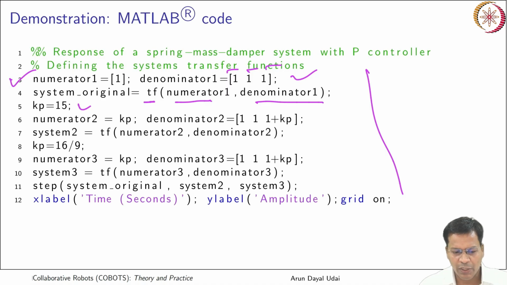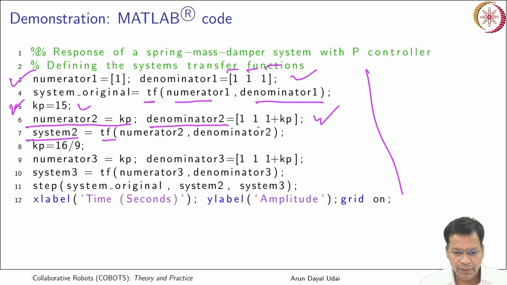So that is your system transfer function. Kp is 15, numerator 2, kp is 15, denominator is this. This is the system I want to create with the controller. So that is 1, 1 and 1 plus kp that comes here. This is your transfer function for system 2.